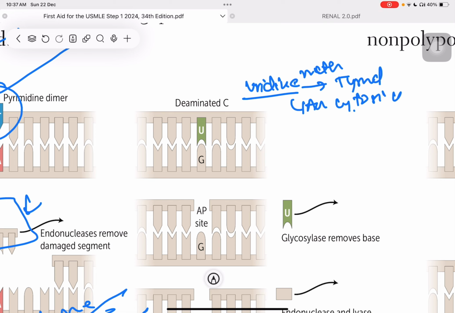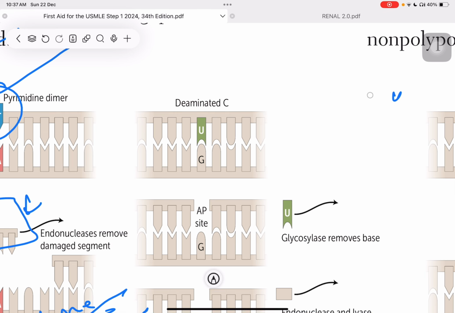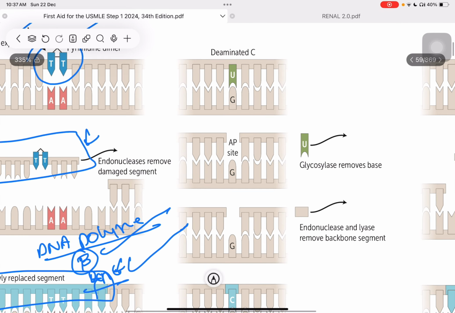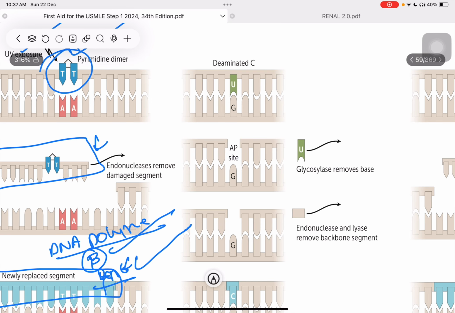Once this gets deaminated, you have again uridine over here. Or else you will not have any nucleotide over here, which creates an apurinic site or apyrimidinic site. What is an apurinic site? When you don't have a purine over here, it is called an apurinic site. And when you don't have pyrimidines, which are CUT, it is known as an apyrimidinic site.